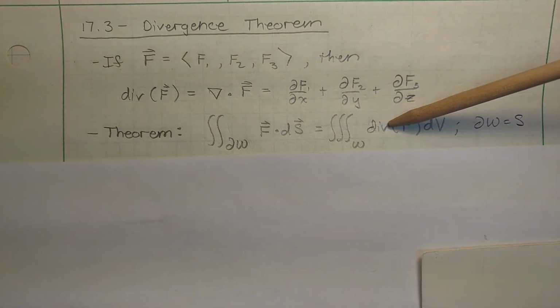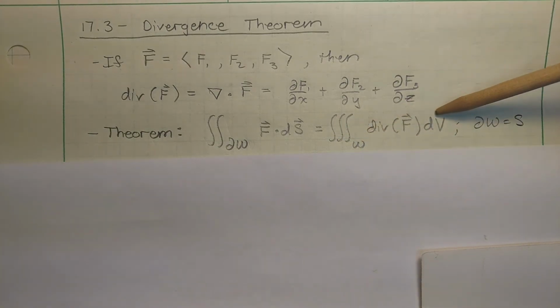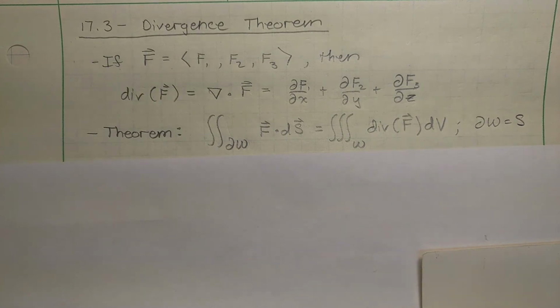If the divergence is 1, then the triple integral over a region W of dV is just the volume. Sometimes that volume is easy to calculate outright, and then we can find this integral fairly easily. So that gives you an idea of the type of situation we're looking at.